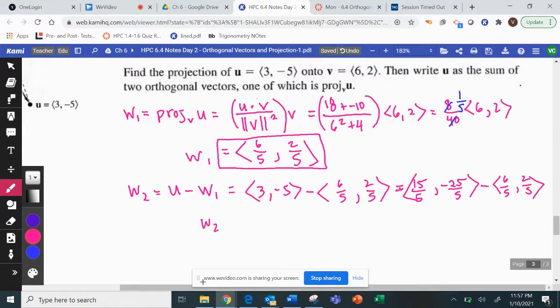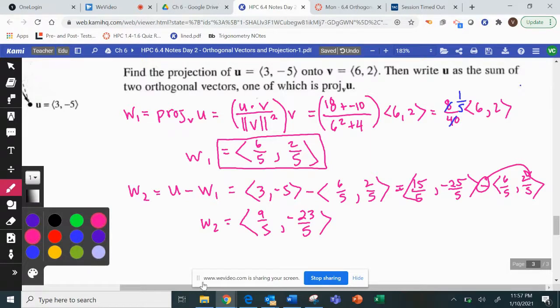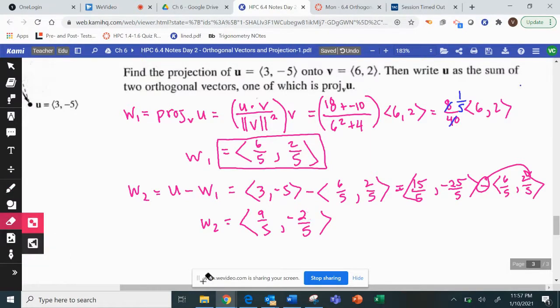So vector W2, what are we going to get? 9/5, and then -23/5. Nope, I forgot to subtract. -27/5. Okay.